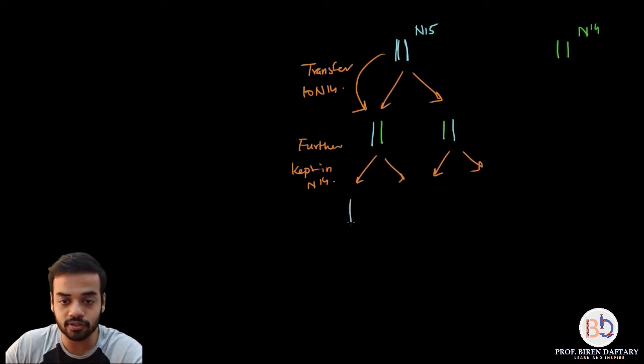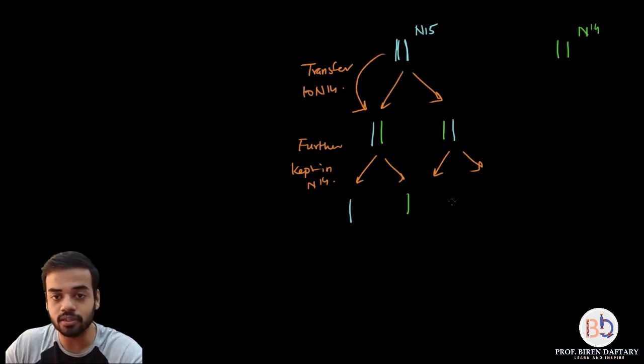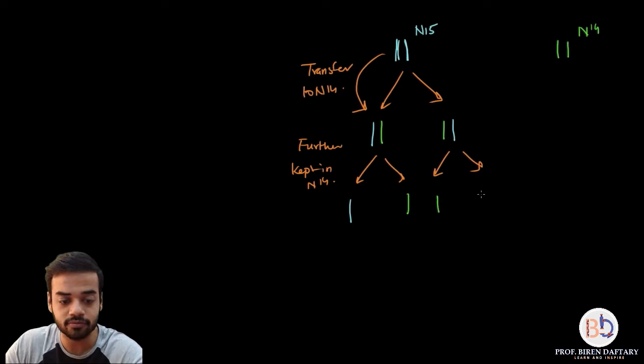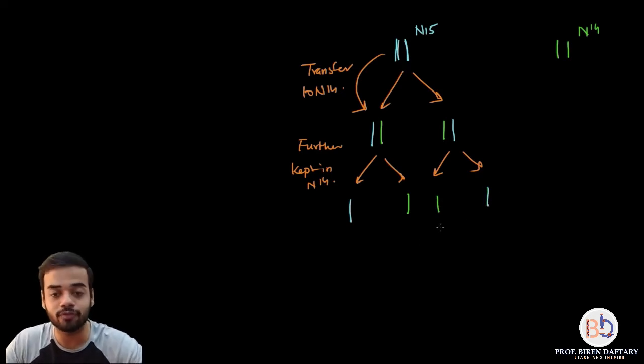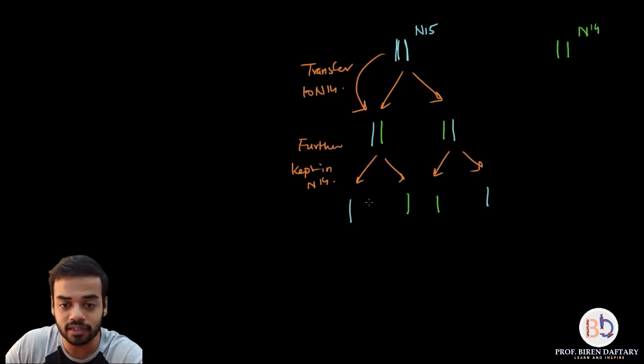So this is one strand of the parent, this is one strand of the parent. Similarly here both the strands will be conserved. So I hope you are getting my point. Here one strand will be conserved, and the new strand which will be formed will all have N14, so they will all be obviously green.